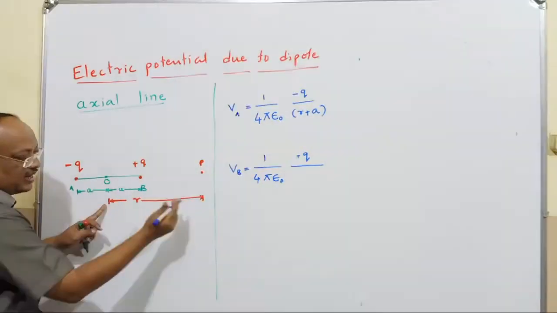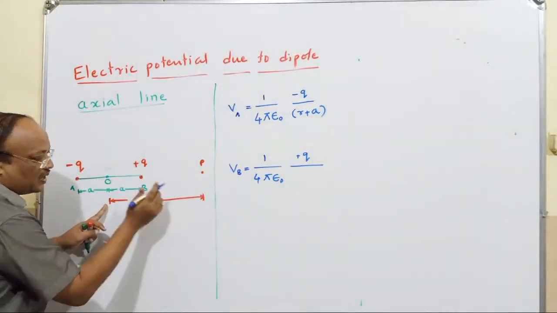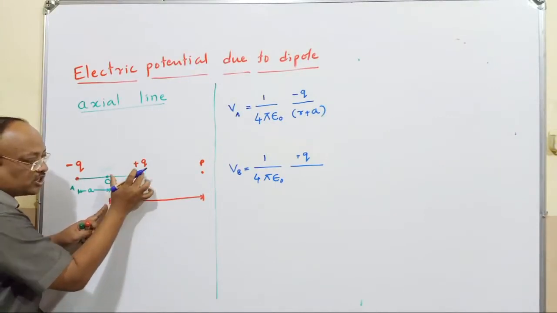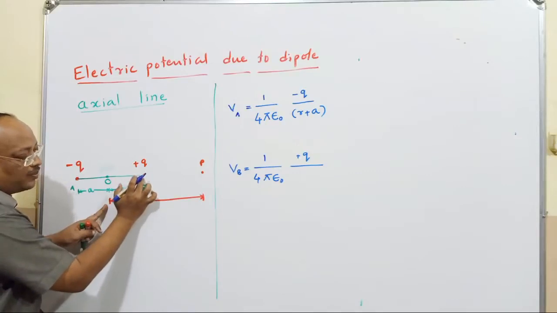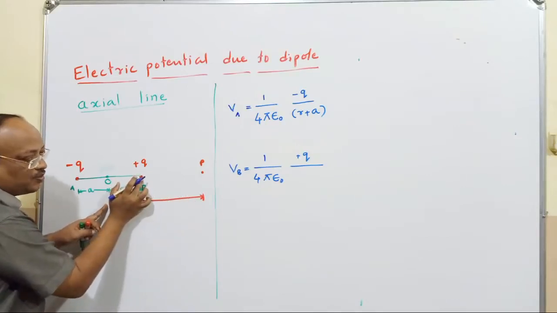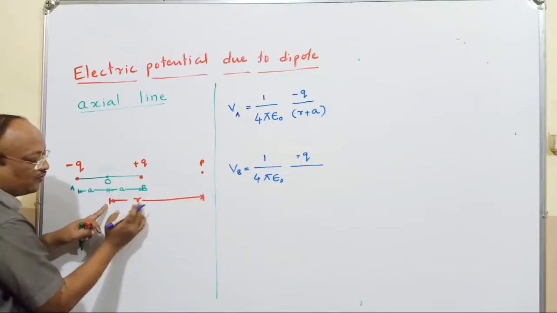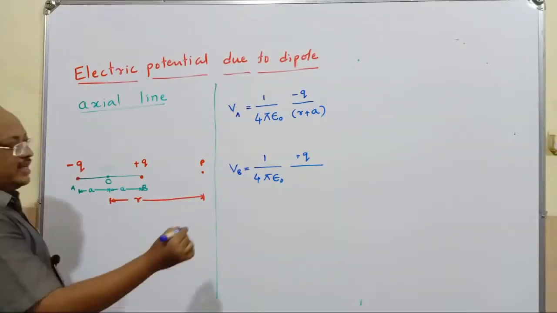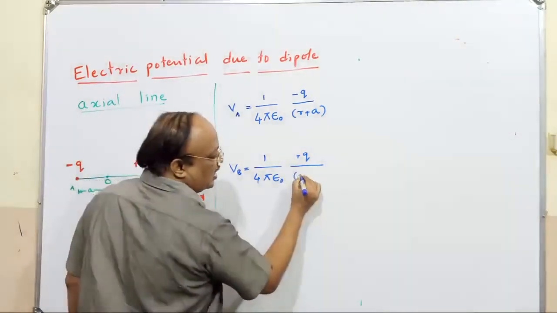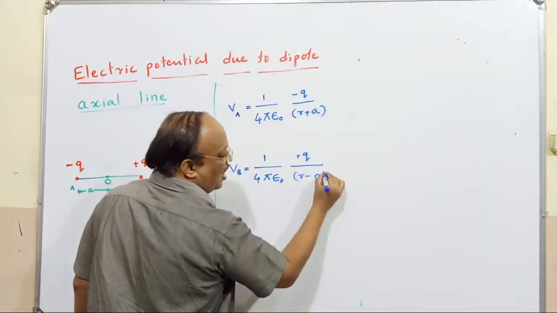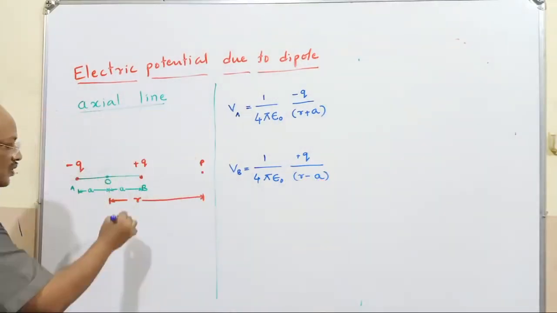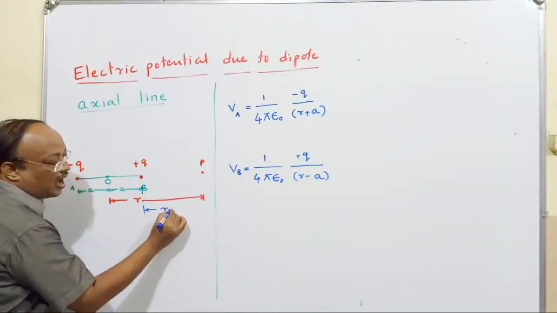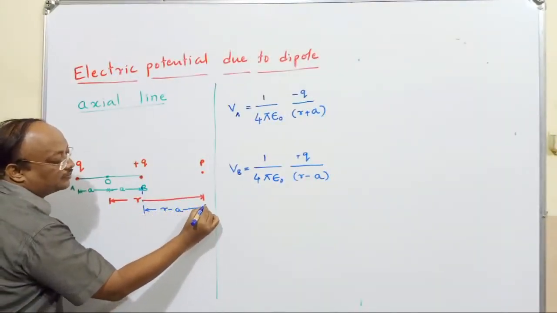Till the center it is R, and this much we have to subtract from R, because it is at this point. So it is at a distance of R minus A.